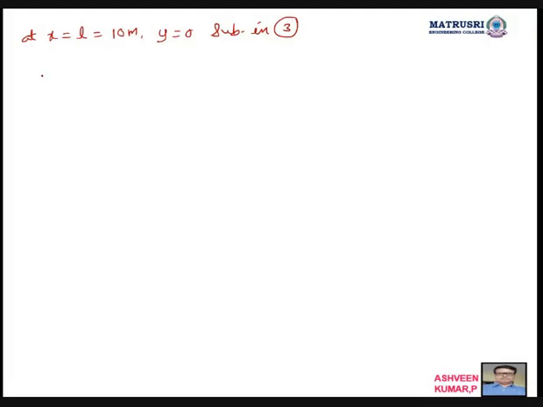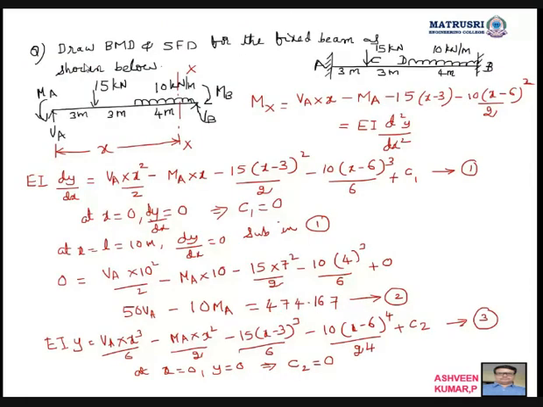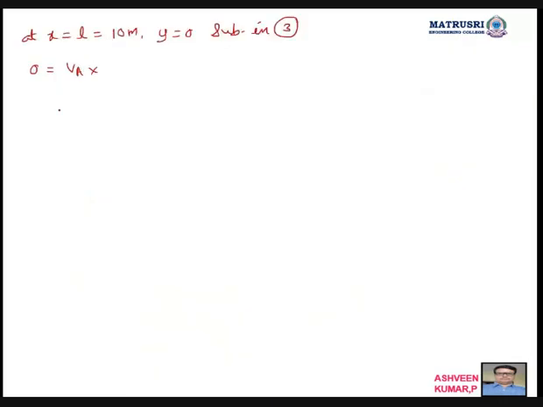If I substitute, what am I going to get here? 0 is equal to VA into 10 cube by 6, minus MA into 10 square by 2, minus 15 into 7 cube by 6, minus 10 into 4 to the power of 4 by 24.